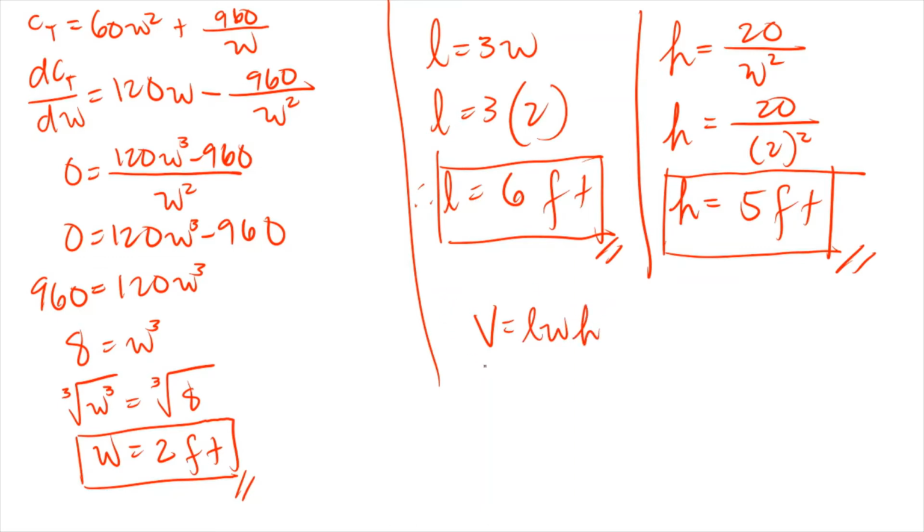Let's plug in the values. 6 for the length, width is 2 feet, the height is 5 feet. This should equate to 60 cubic feet, right? 6 times 2 is 12, 12 times 5 is 60.